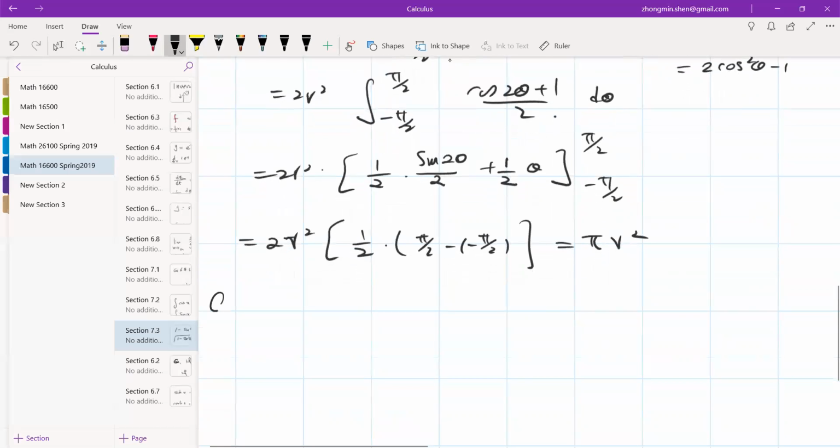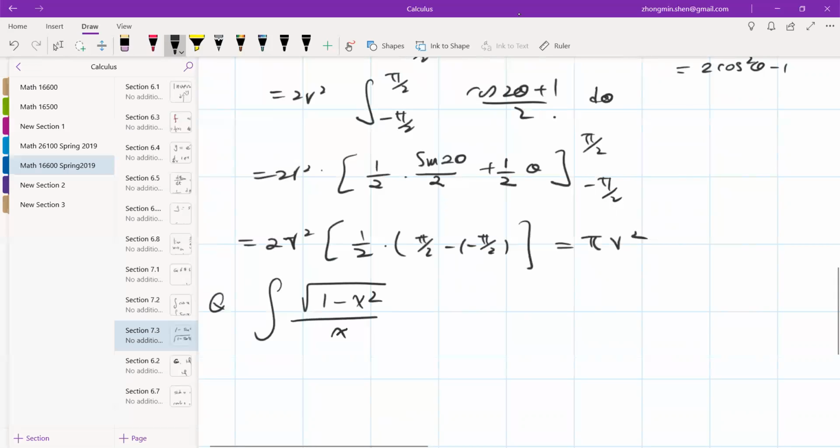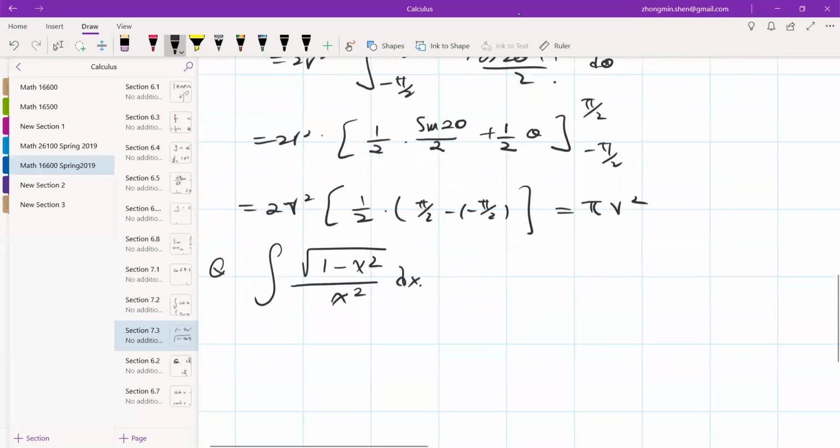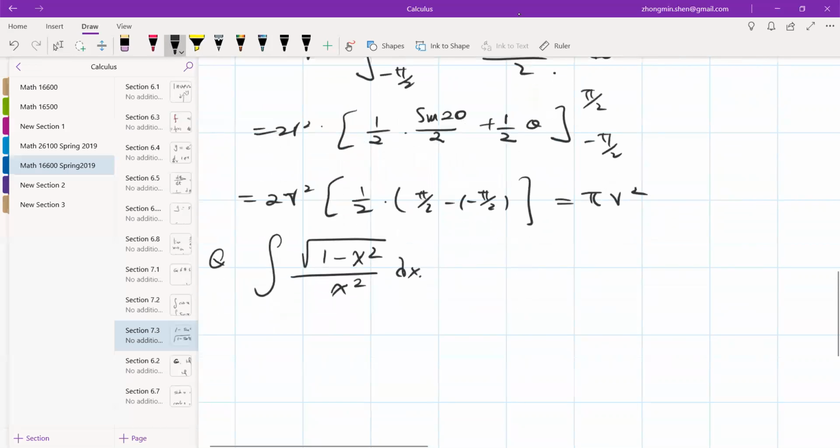All right, so the next problem is to evaluate the integral of square root of 1 minus x squared over x squared dx.